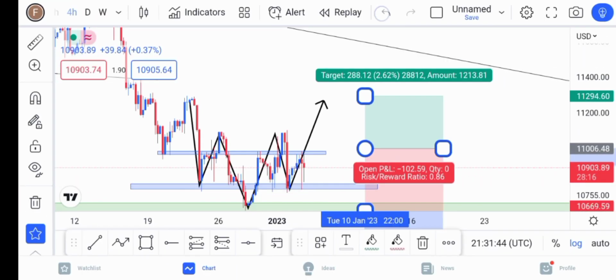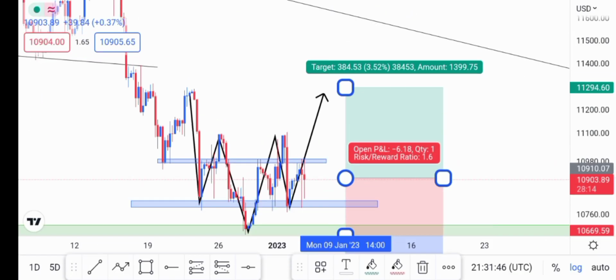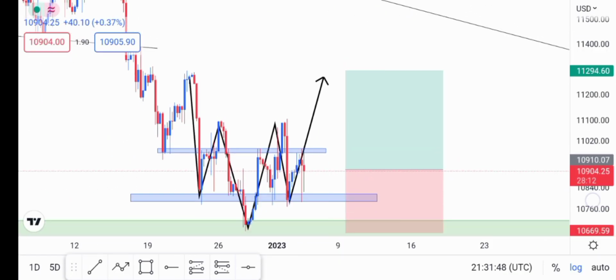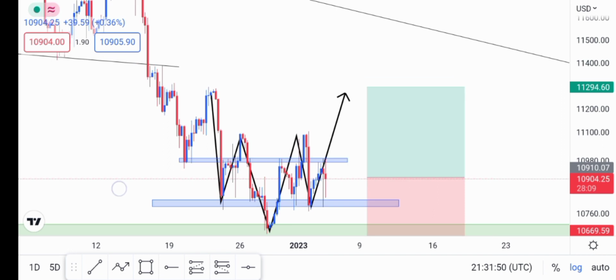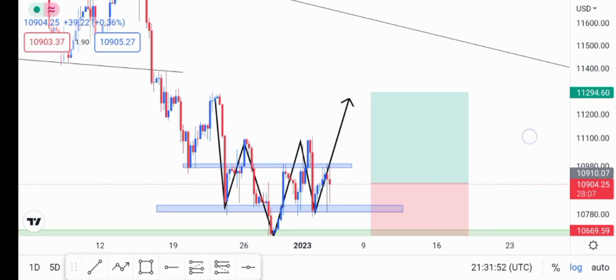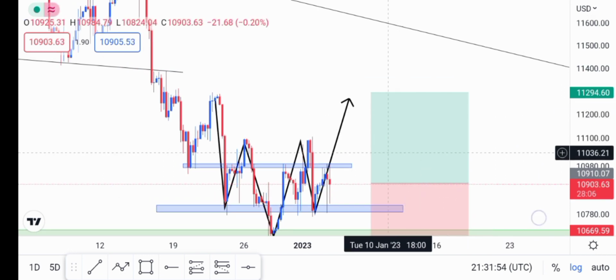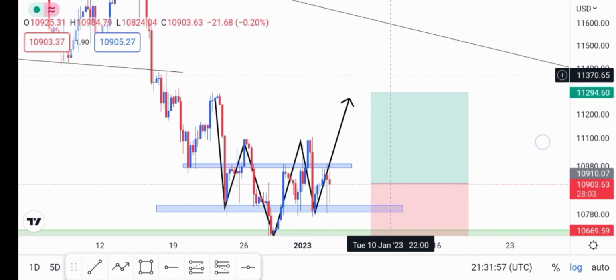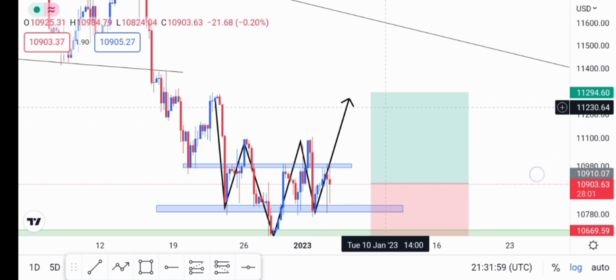But the fixed signal is the best. Let us be patient with NAS100, but this could be the possible movement on it because I'm seeing a beautiful head and shoulder formation. I'm not sure if this is a fake out or what, but this is looking very good.